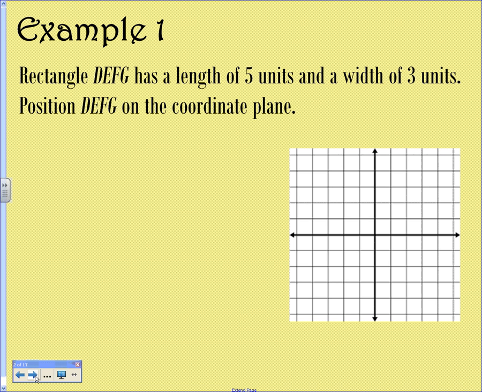So see if you can draw a coordinate plane and position your rectangle. Yeah, it's more practice problems.